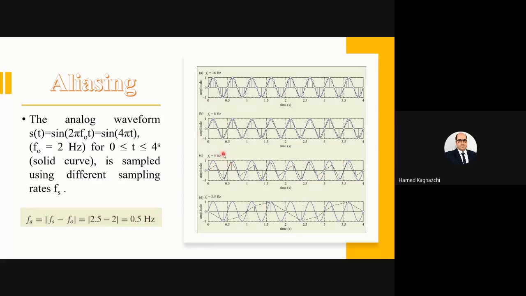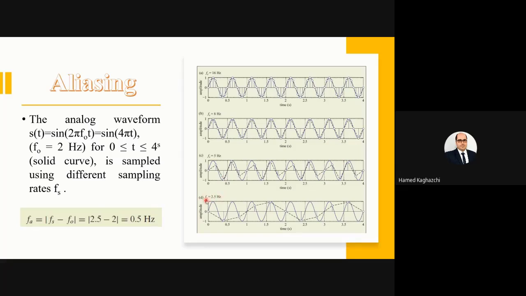Why? Because I obey the Nyquist criterion. The Nyquist criterion says that if you obey me, I promise that you will not have loss of information. Maybe you cannot visualize your original analog signal, but you will not have loss of information. Now look at here.